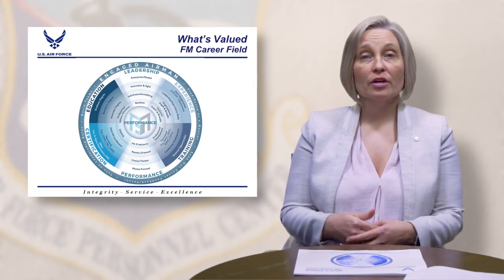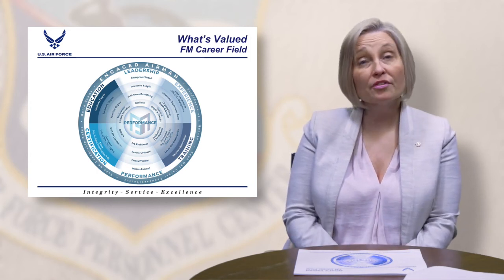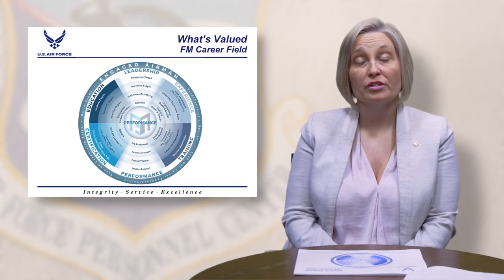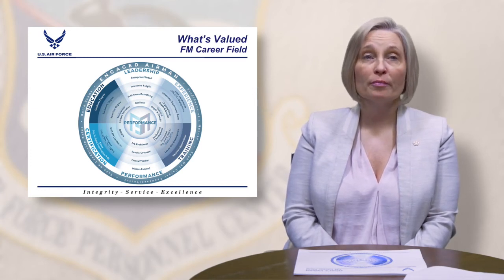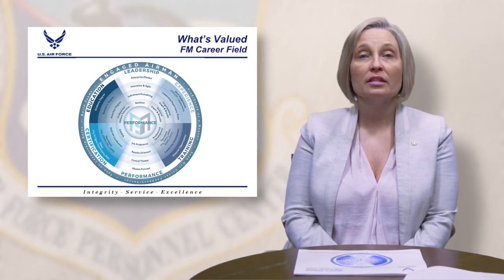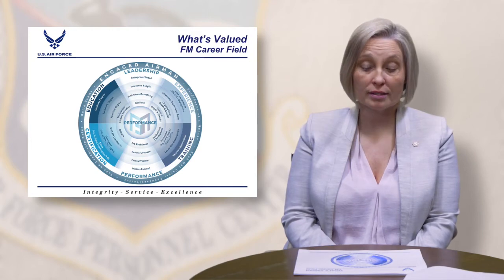Those types of things are going to help speak to your performance and how well you're doing in your job. The other thing that speaks to performance is your endorsement. So your endorser has the ability to address your performance, your potential, and those types of things, and that is how you can be evaluated during the selection process.